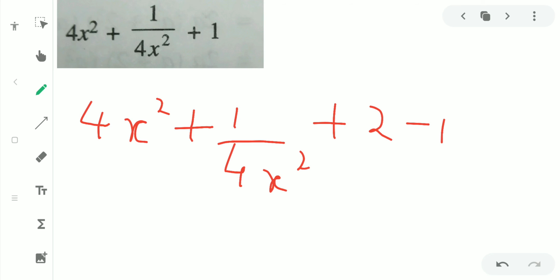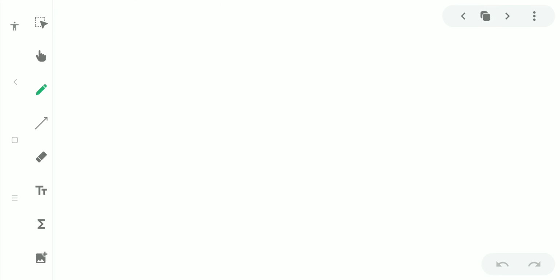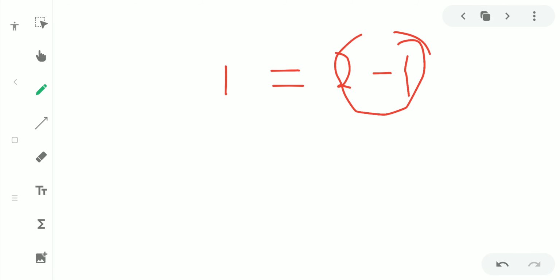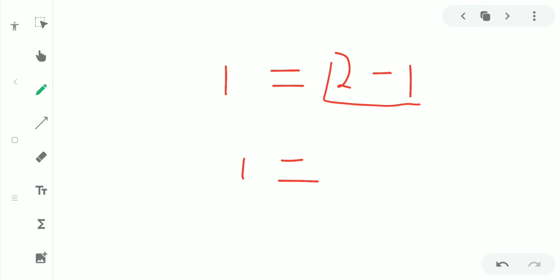I hope it is clear. 1 is nothing but 2 minus 1.